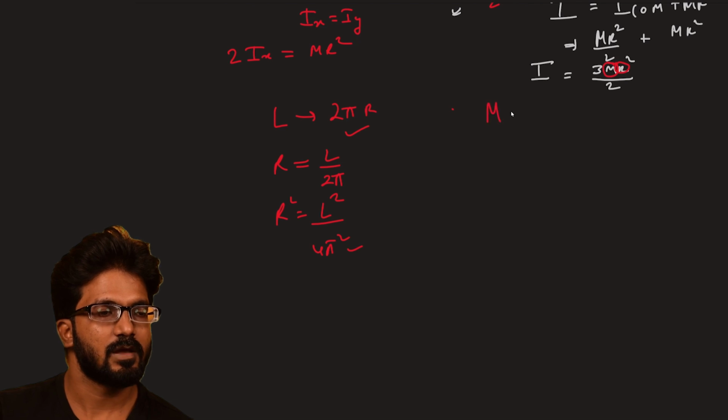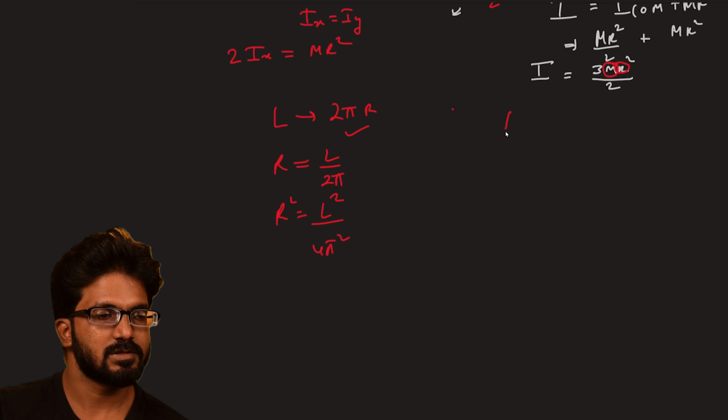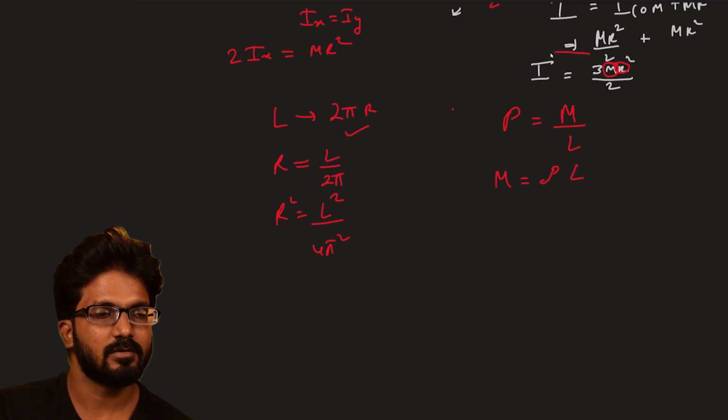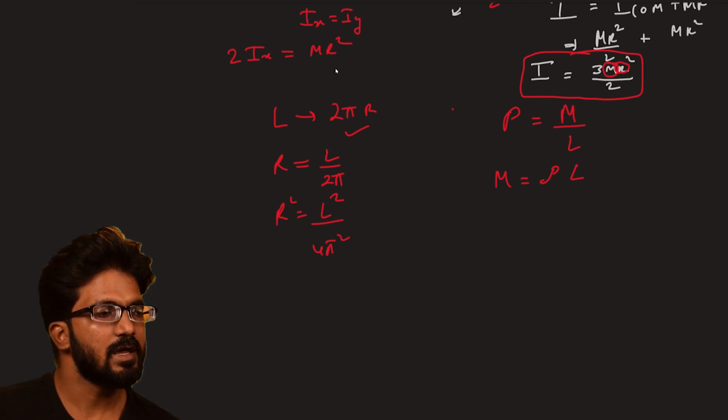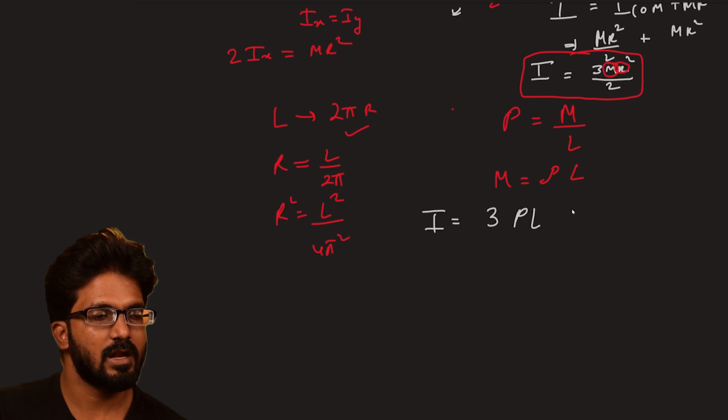Linear density is equal to mass per unit length, so mass can be represented as rho times L. Now we can substitute and find the value in terms of rho and L. So I is 3 times rho L times r square, which is L square by 4 pi square, divided by 2.